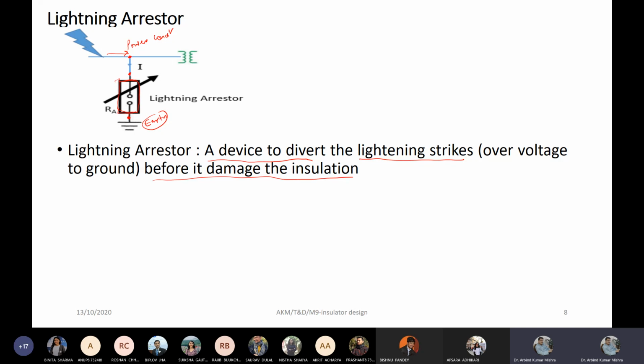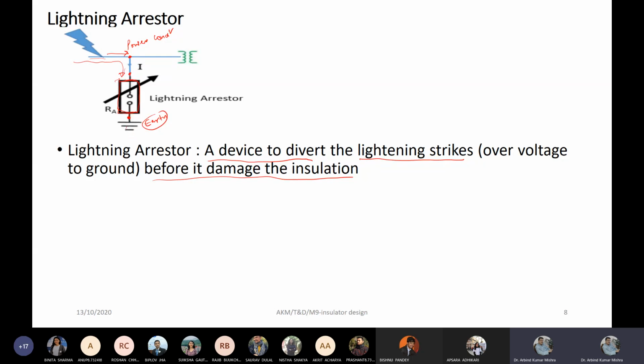But the idea is, if we can divert that over voltage, one very universal statement is: lightning cannot be avoided, it can only be diverted to the least impedance path. This is general, not only for the lightning arrestor. So the idea is to offer a lower resistance whenever lightning strikes on this line, so that it can be diverted to the earth.